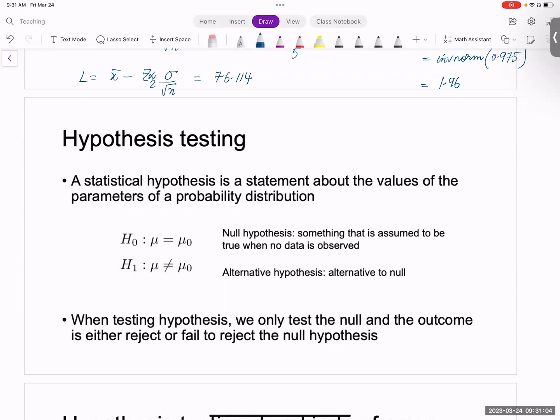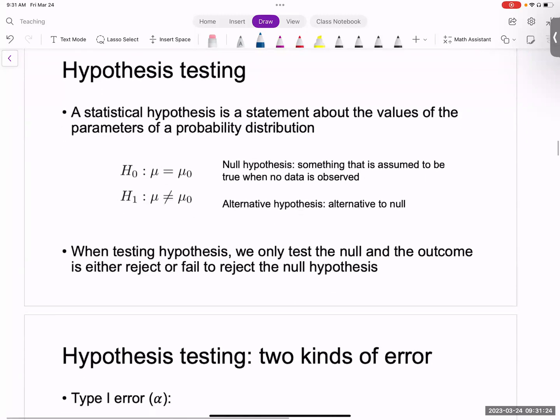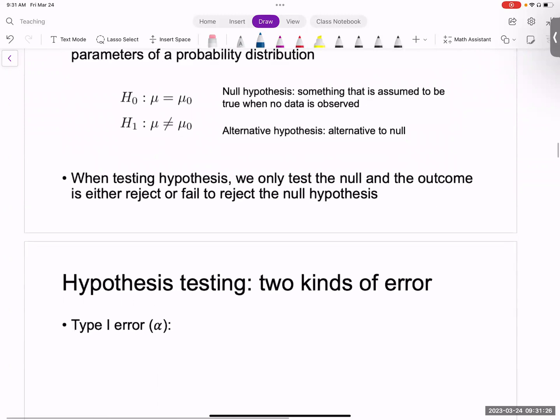It is because the prosecution can always come up with additional data, more data, to prove that the defendant is indeed guilty. Failing to show that the defendant is guilty is basically not guilty. I hope that gives a little bit of an idea about why we say we can reject or fail to reject. We never accept the null hypothesis because we can always collect more data, and we can reject the null hypothesis.